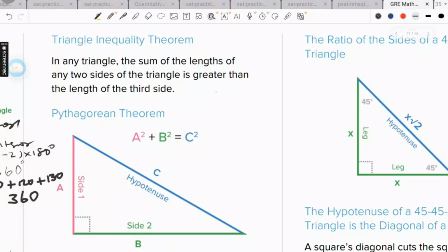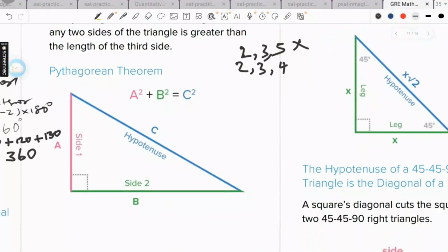Like 2, 3, 5 is not a triangle because 2 plus 3 is not greater than 5. But 2, 3, 4 is a triangle because 2 plus 3 is greater than 4.